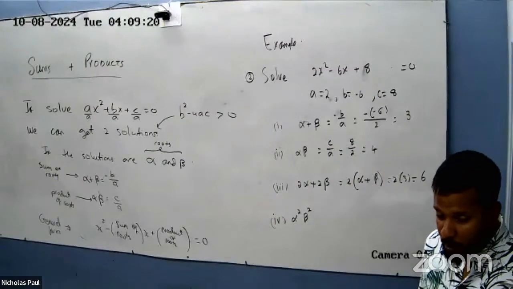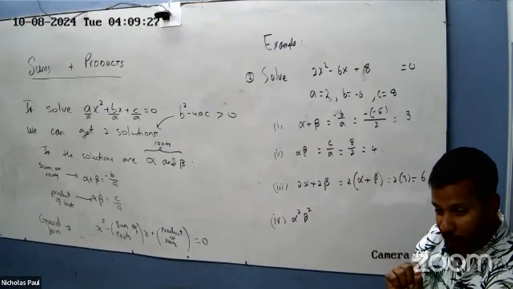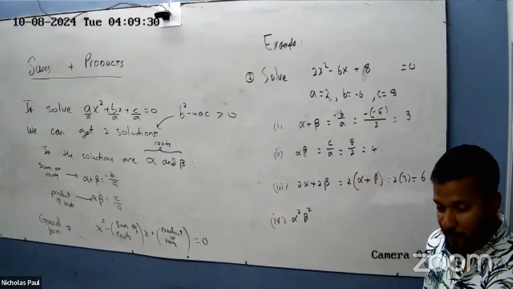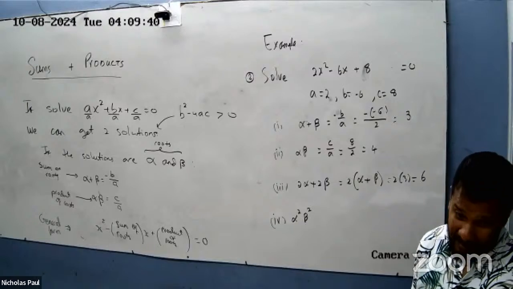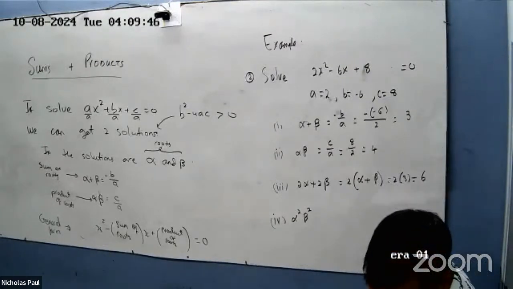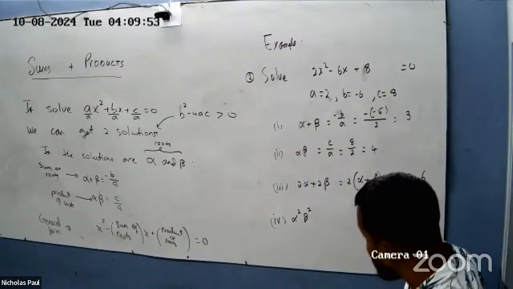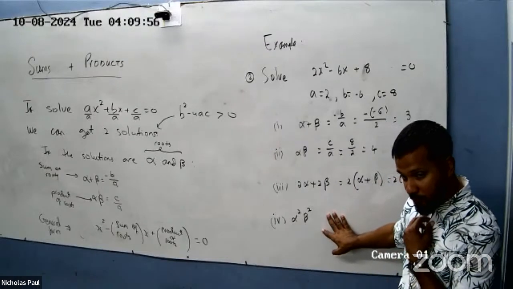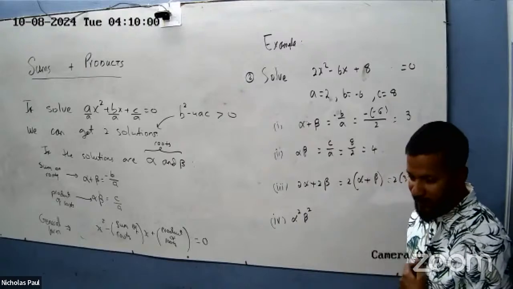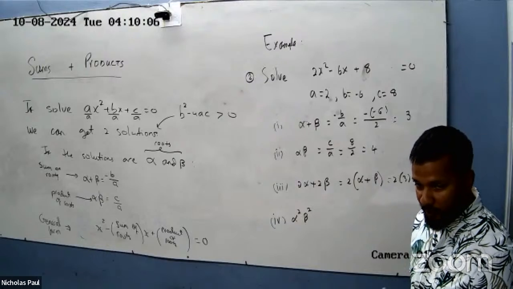What does square mean? So you don't know what 5 squared is? How do you get 5 squared? How do you do that?